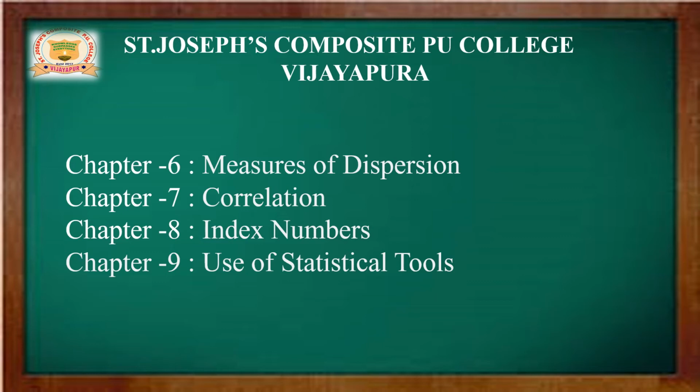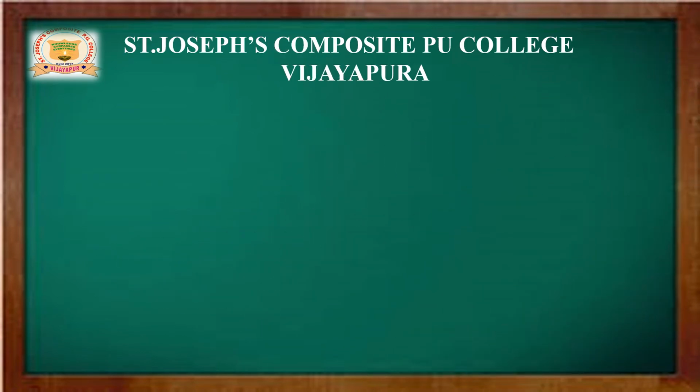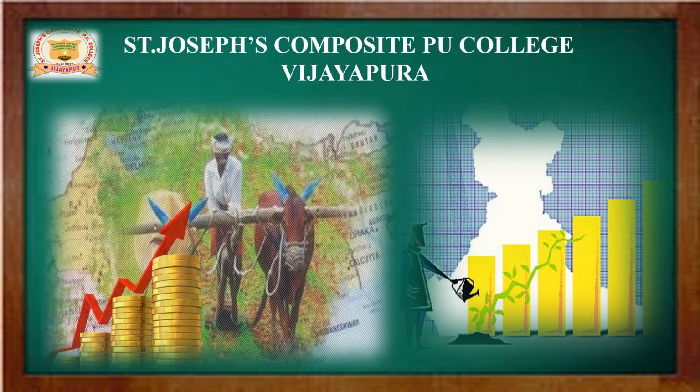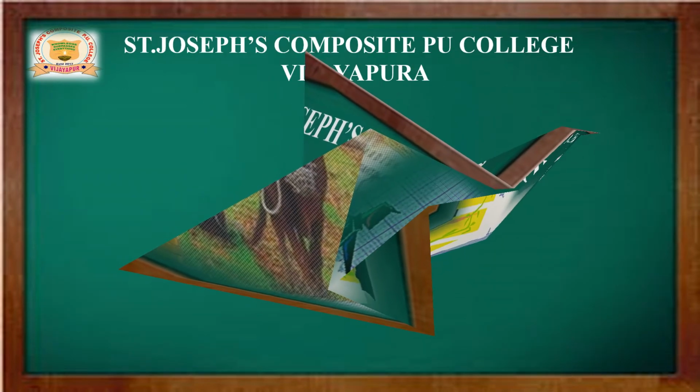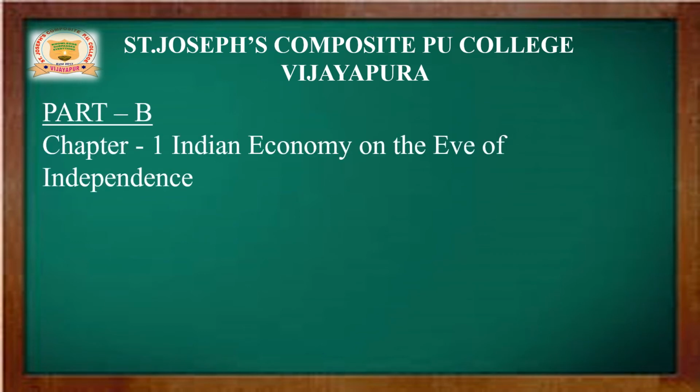Then let me move on to the other part. As you can see from this picture, you can understand what it is. That is nothing but Indian Economy, part B. This part B again consists of the following chapters.